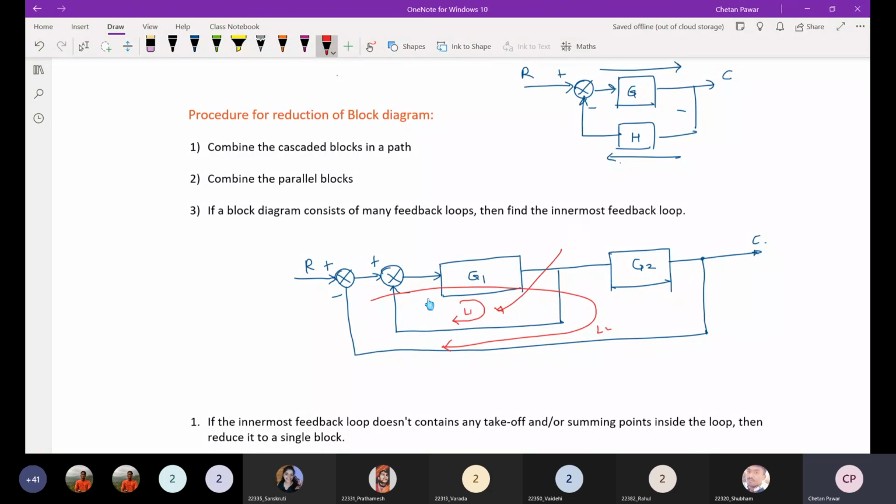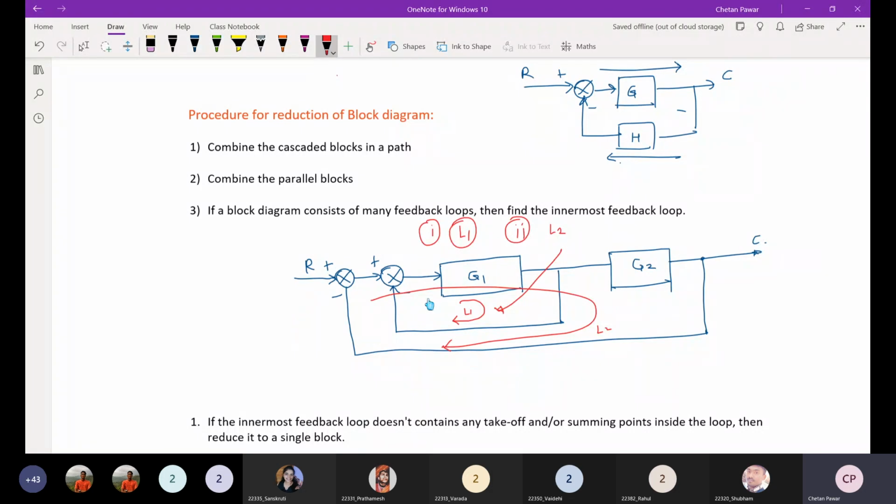So if you start the block diagram reduction technique on this particular block diagram, you should start with this inner loop, the innermost feedback loop. So I will do the block diagram reduction on L1 first, and then second I will go for L2. In such a way, you can do the block diagram reduction.